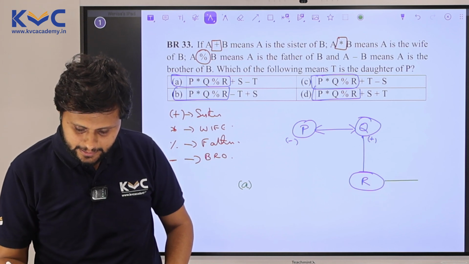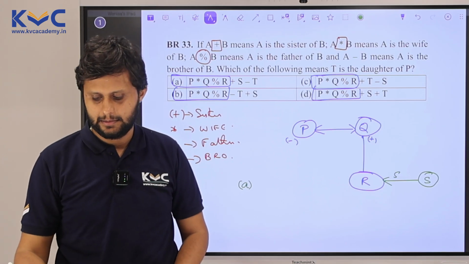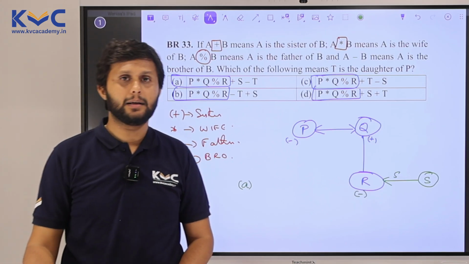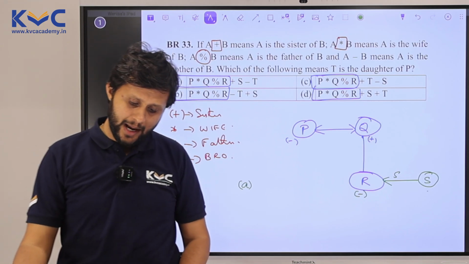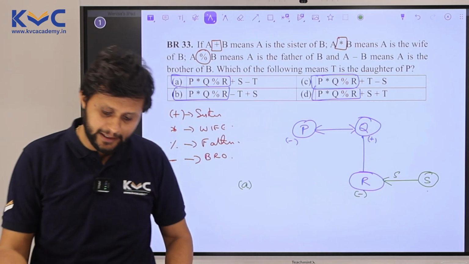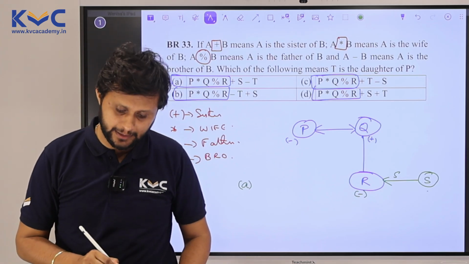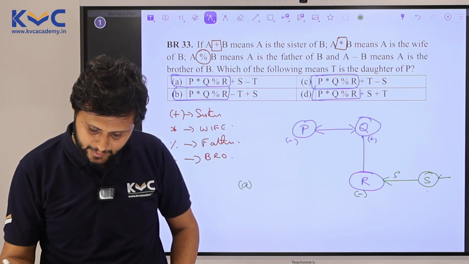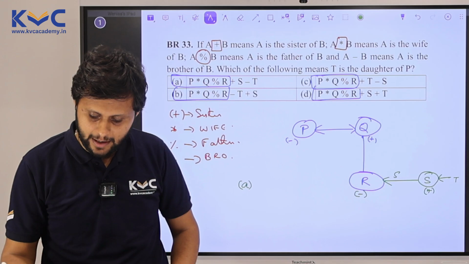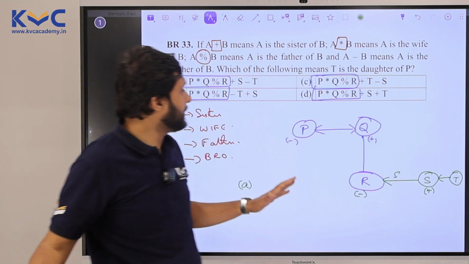R is sister of S. So this becomes minus. For S we do not know. And last, what are they saying? Minus T. What does minus stand for? Minus stands for brother. So S should be brother of T, plus, and then we have T. Correct? Now can we conclude that T is the daughter of P?